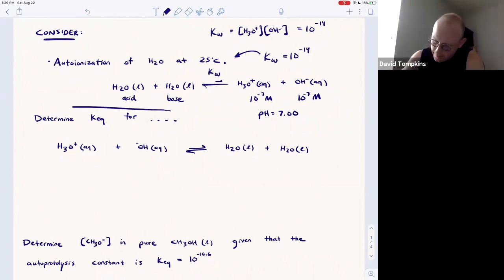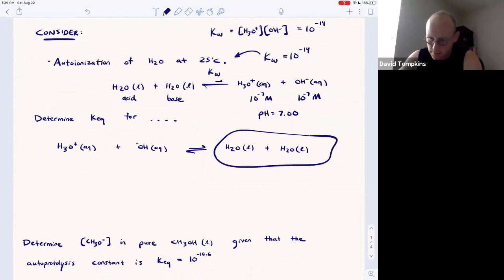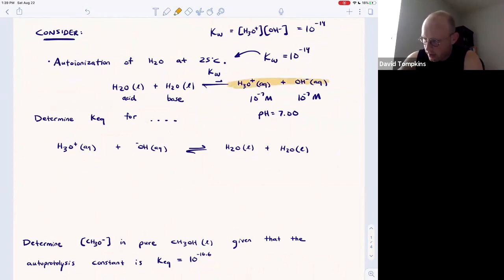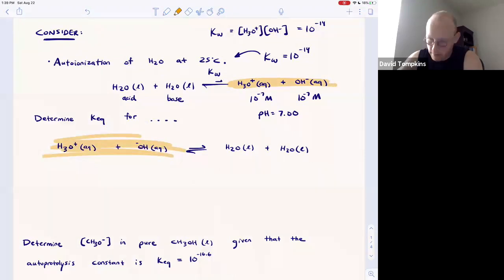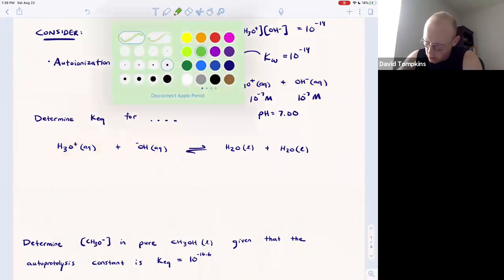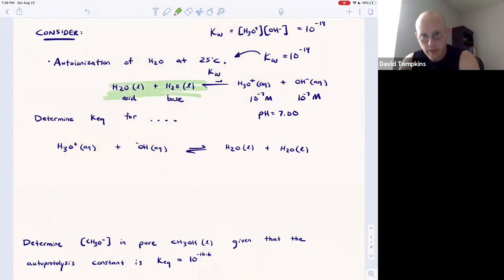For example, if you want to find the equilibrium constant for the reaction between hydronium and hydroxide to form two water molecules. So if you look at the above equation, hydronium and hydroxide were products for Kw. Now they are reactants for the following reaction. Whereas water molecules were reactants for Kw, and now they are products.